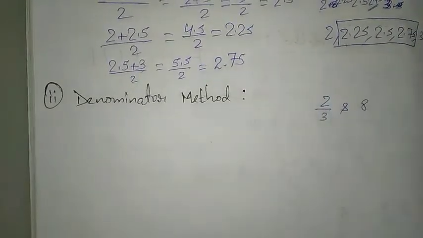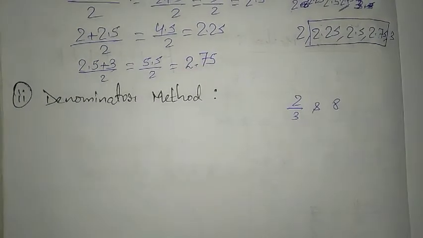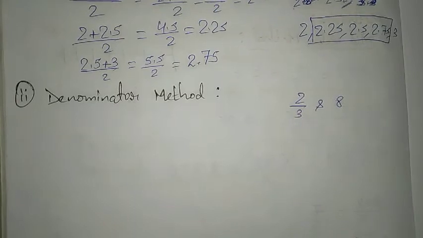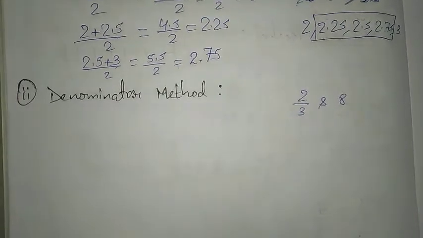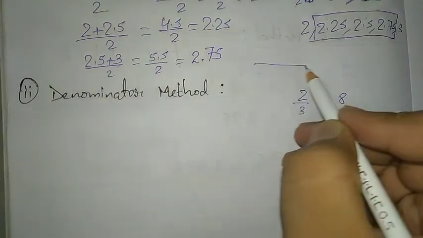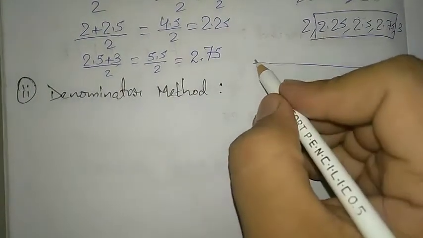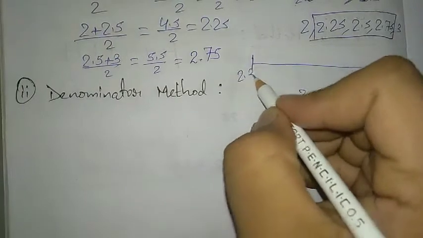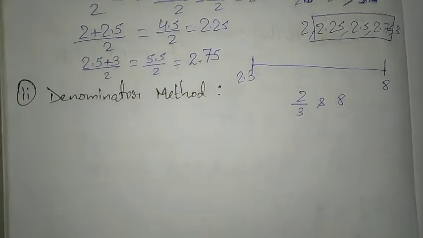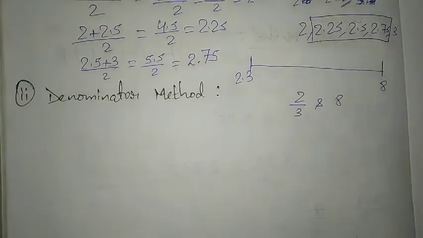Okay, students, that question is between 2 by 3 and 8. So what we need to do is take a number line. So this is 2 by 3 and this is 8, and we need to find 5 rational numbers between them.